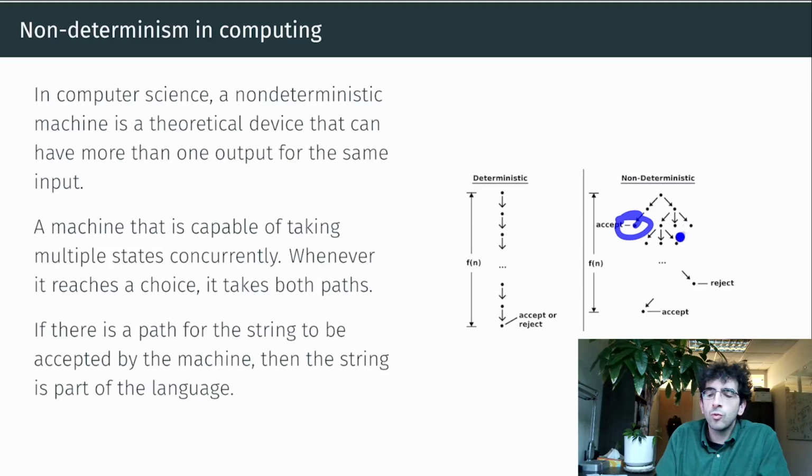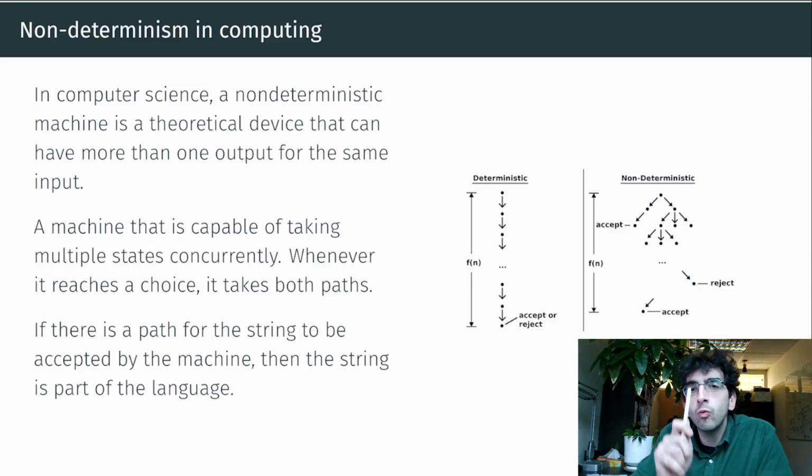Some of those walks lead to an accept state, some lead to a reject state. And what we say is that in a non-deterministic machine, if one of these paths leads to an accept state, then the machine accepts the input, even if there are paths that go to a reject state. As long as one path gets to that accept state, the machine accepts the particular input, and the input is part of the language.